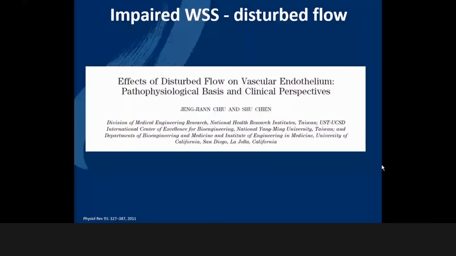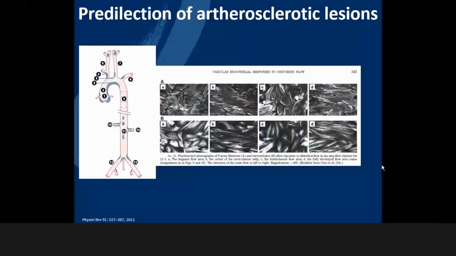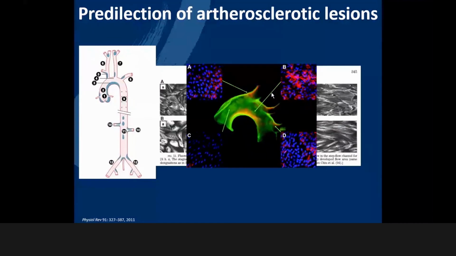So interesting is that at regions with this impaired wall shear stress in the body, you have a predilection of atherosclerotic lesions, as I already stated, and you can see that in the cellular and intercellular architecture, completely different at certain regions. And you see this as well in the intracellular gene expression, like here in fish in situ hybridization techniques.